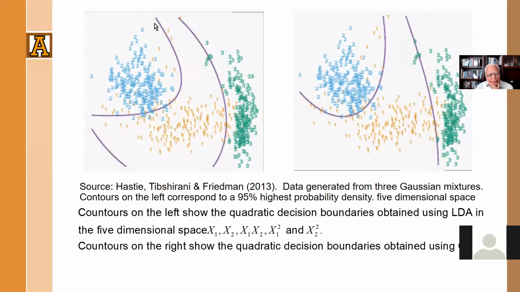These contours correspond to a 95% highest probability density region. On the left, we have what we would get using linear discriminant analysis on an expanded set of variables: x1, x2, x1 times x2, x1 squared, and x2 squared.